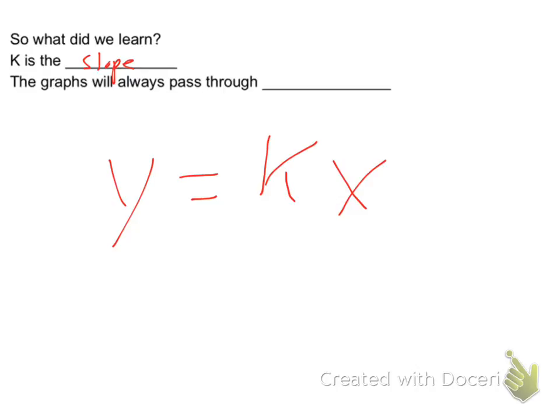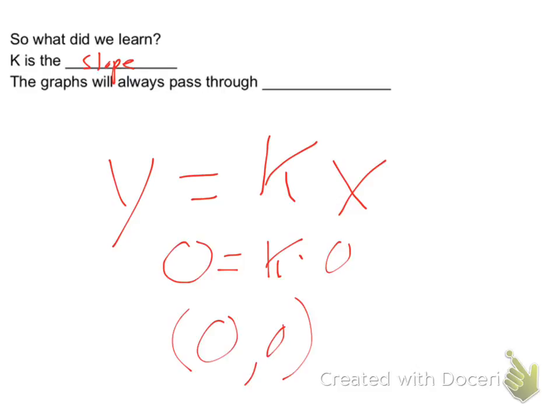Which number, no matter what k value is, will always give me the same result out? Not 1, because if k is 2, the output will be different. 0. Think of this, guys. No matter what k is, k times 0 is equal to 0, so the point (0, 0) is always a solution to a direct variation equation.